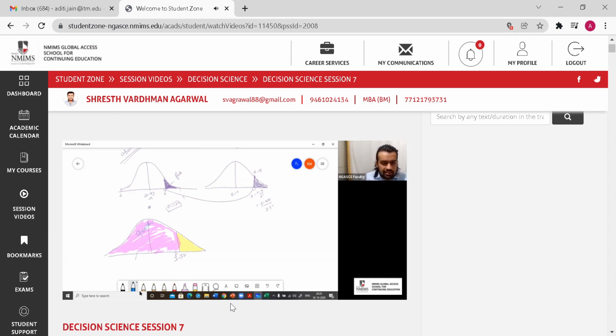This region can be said mathematically as Z less than 1.32. But we are looking for the probability X is greater than 6 pounds. So the probability that Z is greater than 1.32 is what we want to find, which is not directly available.